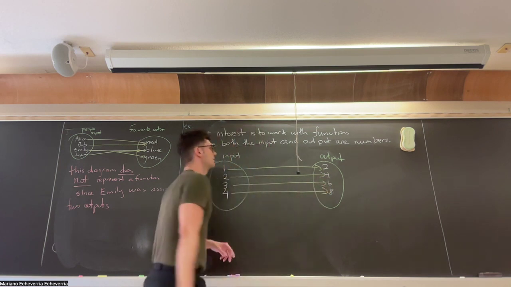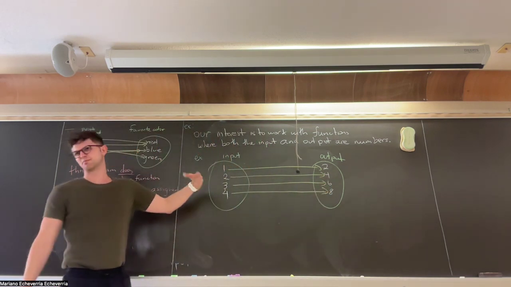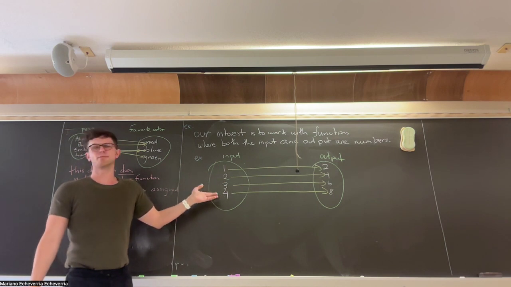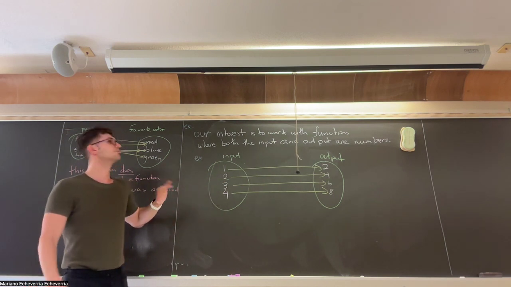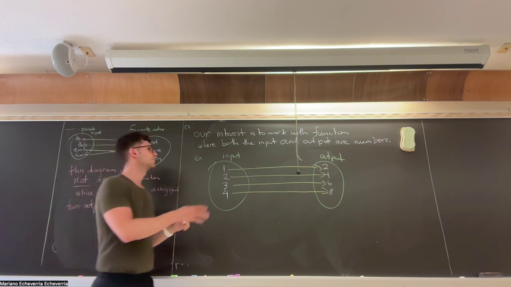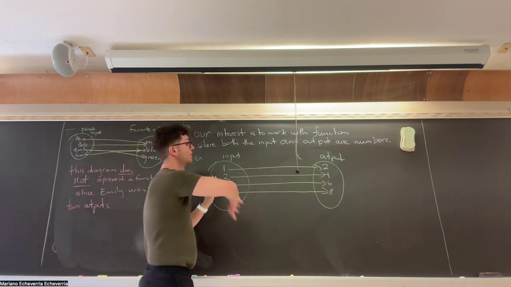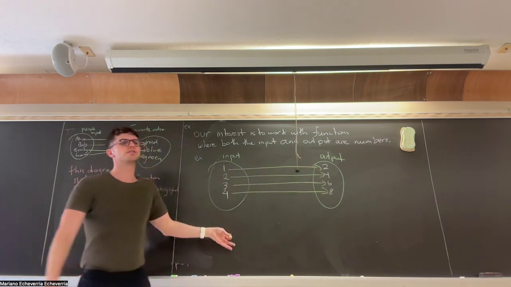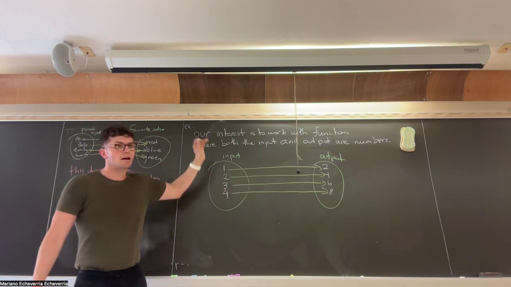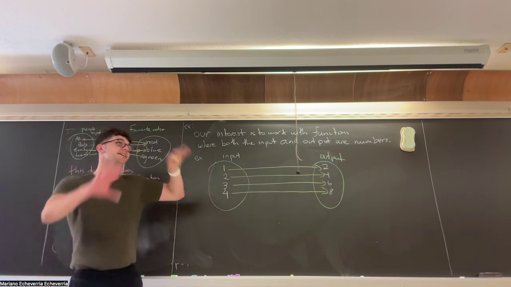Okay, but there's nothing particularly special about these four numbers for that rule. So if you wanted to work with more numbers at the same time, you cannot just start listing each single number and put them all inside this oval.